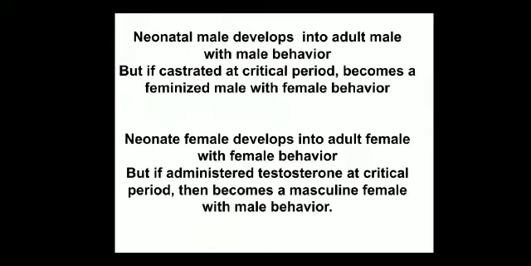So the external genitalia in both sexes develop from the common anlagen, which are the urogenital sinus, the genital tubercle, and then the genital swelling.